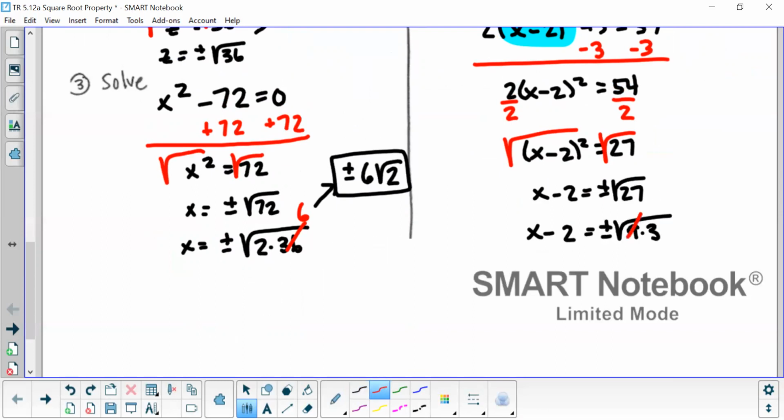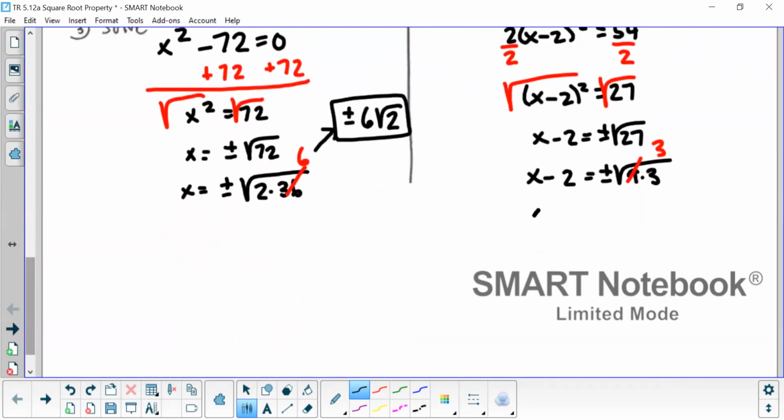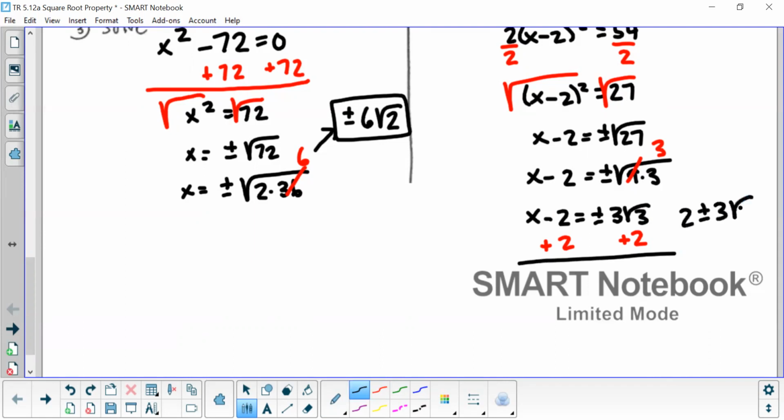Square root of 9 comes out as 3. x minus 2 equals plus or minus 3 rad 3. Add the 2 to both sides. And these do not combine because that 2 that I added does not have a radical 3. So my final answer is 2 plus or minus 3 rad 3.